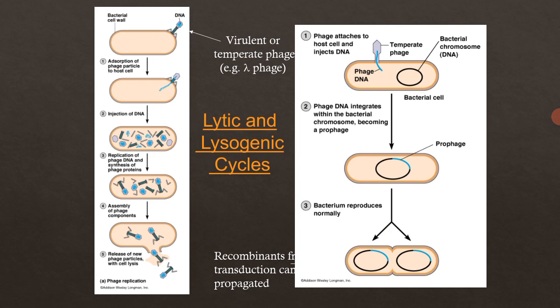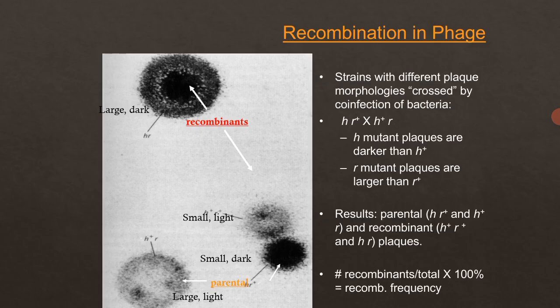We do recombination in bacteria. Similarly, in phages also recombination is possible, okay. We can recombine two different phages which produce different kinds of morphology against the host cell. Now this experiment has been conducted, okay.